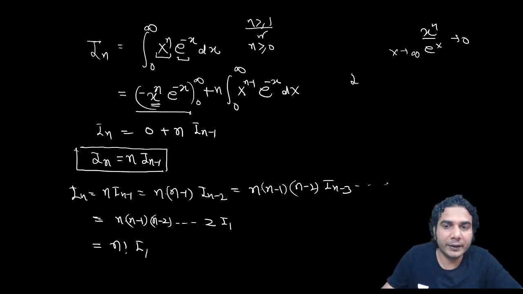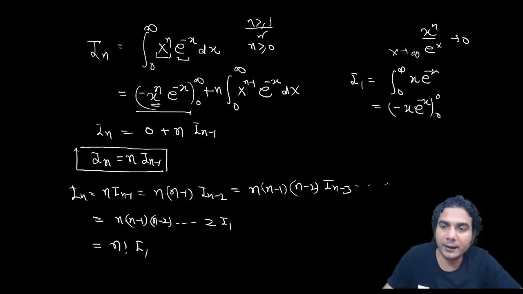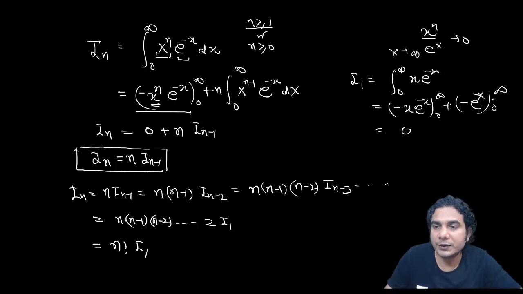Now let's find I1. So I1 is basically 0 to infinity x e raised to minus x. You can integrate it easily. Yes, minus x e raised to minus x, 0 to infinity, and plus again integral of e raised to minus x is minus of e raised to minus x, 0 to infinity. So this we know is 0, and if you put infinity in this, it is going to be 0, and if you put 0, it is going to be minus 1.